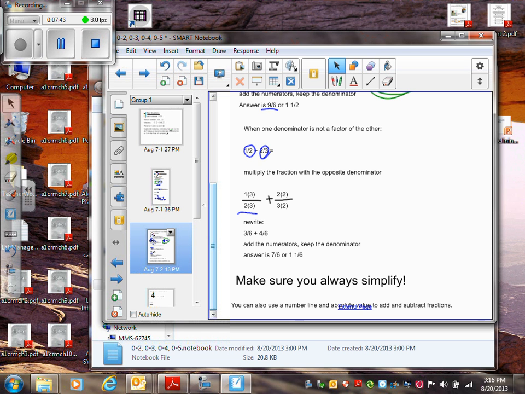Add the numerators, keep the denominator. The answer will be 7/6 or 1 1/6. Make sure you always simplify.